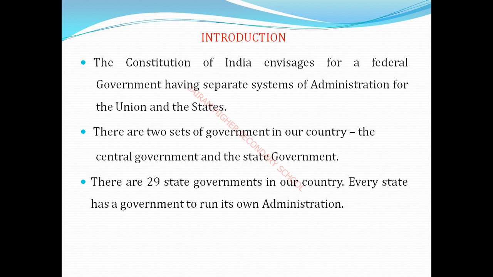Federal government means a structure, a system pertaining to or of the nature of a union of states under a central government, distinct from the individual government of the separate states. So this is known as the federal system.